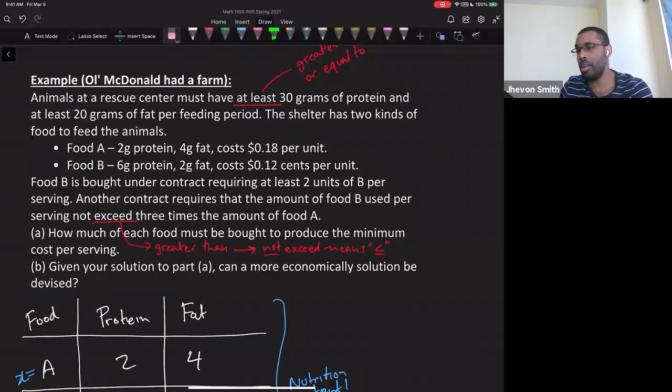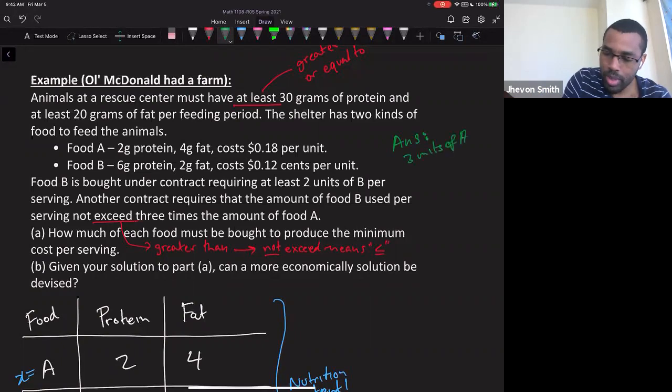I'm particularly thinking about what we found for food B. So there is some opportunity there, it turns out. So we found that the optimal answer was to buy 3 units of A and 4 units of B.